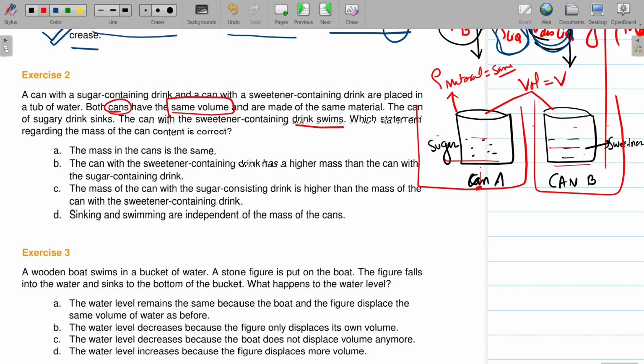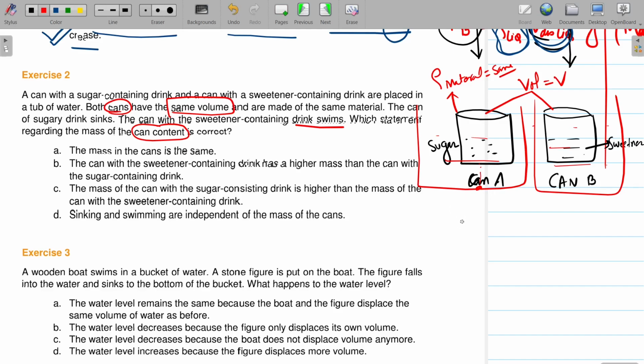Which statement regarding the mass of the can content is correct? So now we have to select the correct option for the can content. The mass in the cans is the same. How can we say that?